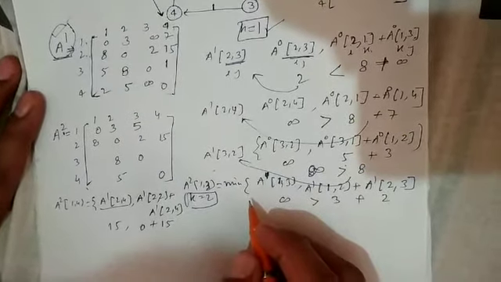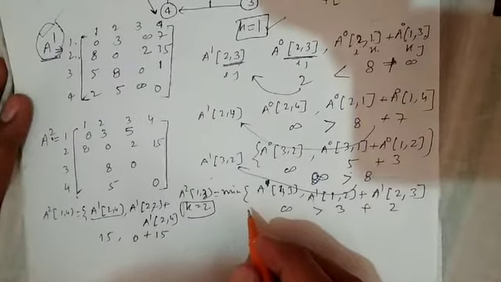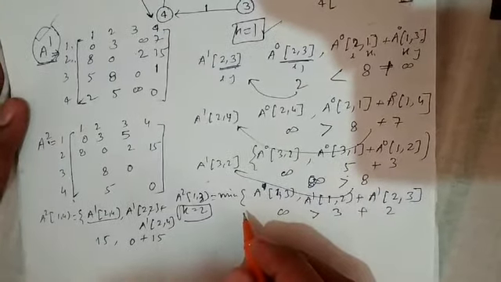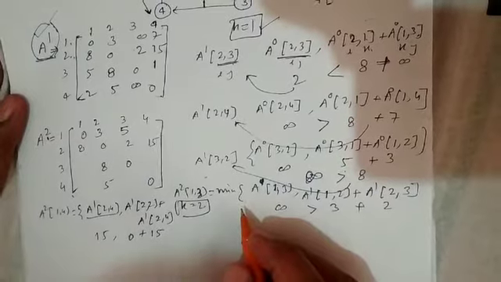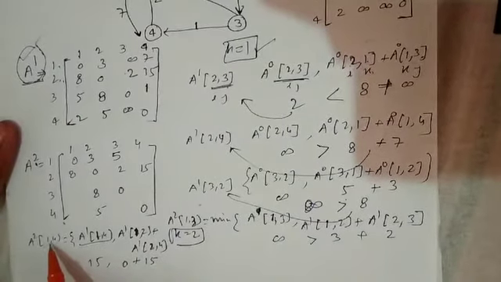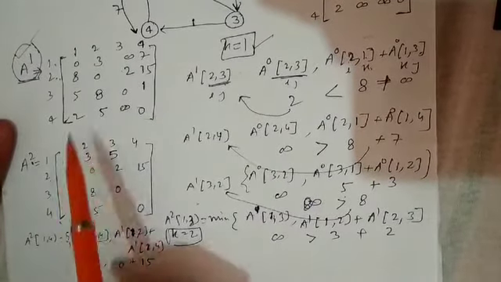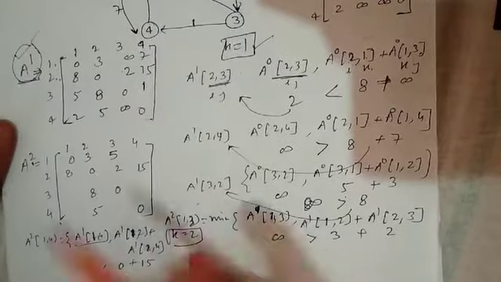Okay, just see here, 1 4. The previous matrix value of 1 4 is, sorry, it is 7.